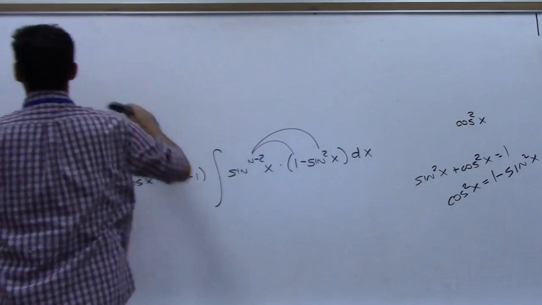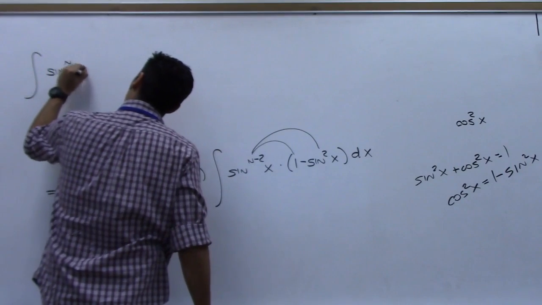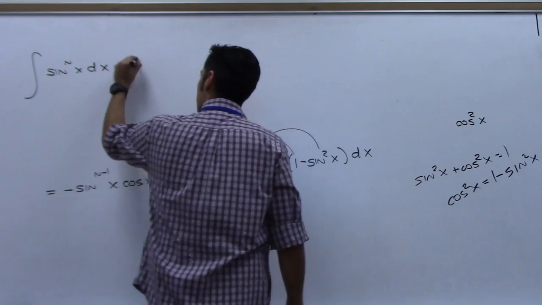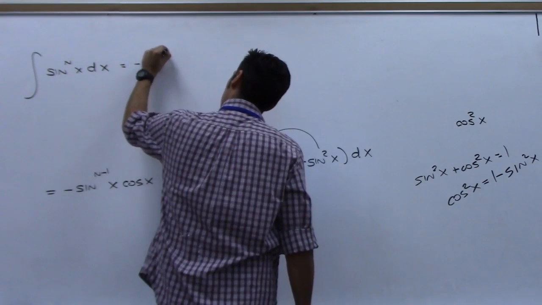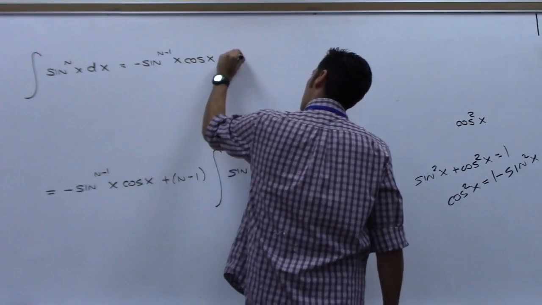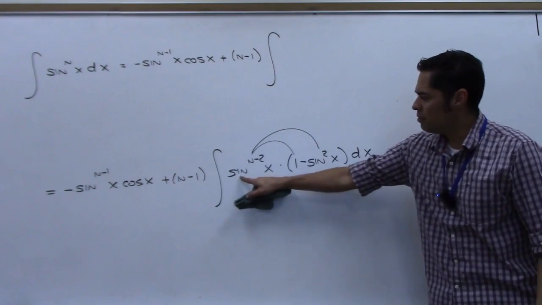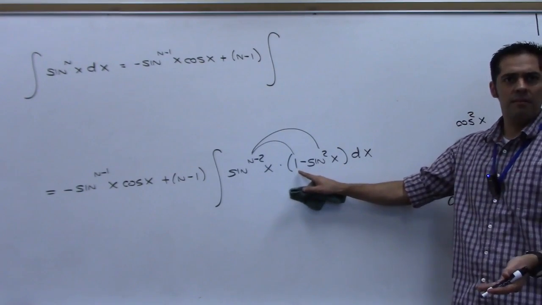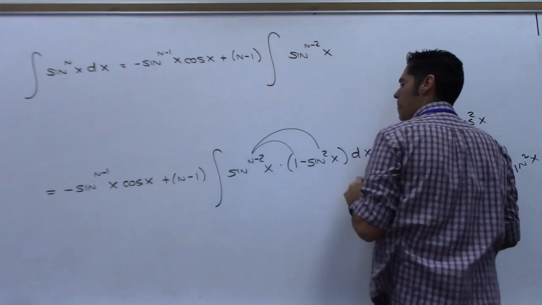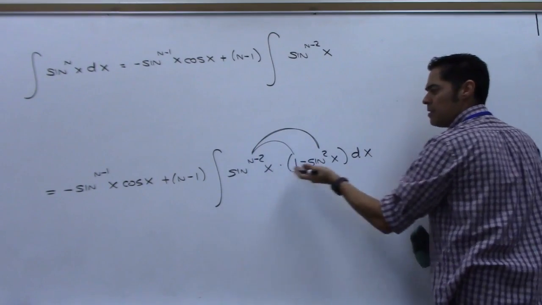Okay, the original problem, right? Here was the original problem. That was the original integral. We know right now that it is negative sine to the n minus 1 of x cosine x plus n minus 1 times the integral of this. So when you do this times 1, it's itself, so sine to the n minus 2 of x. And then when you do this times this, it's subtraction, because you have positive times a negative.